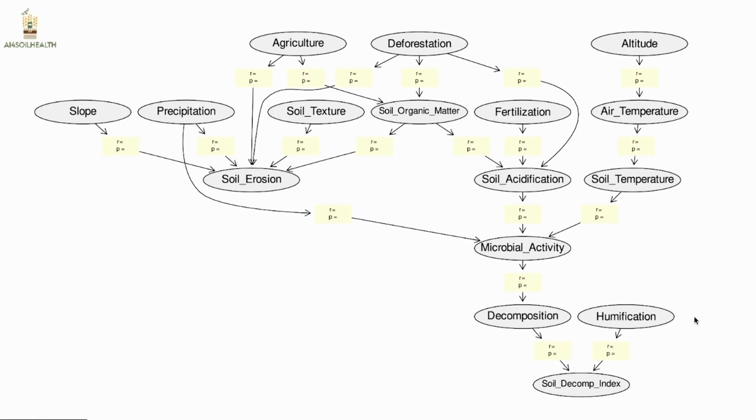On this slide, we see how the initial raw Bayesian network was modified to better address the specific research questions we had. Our research question was, what are the main variables that influence soil erosion and soil acidification?